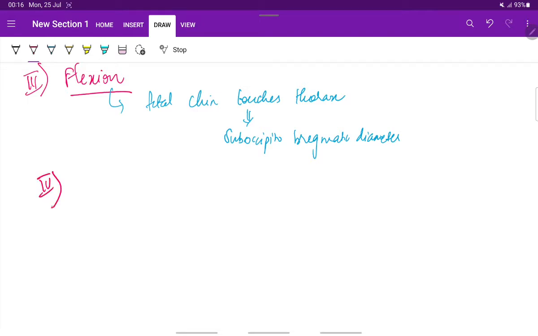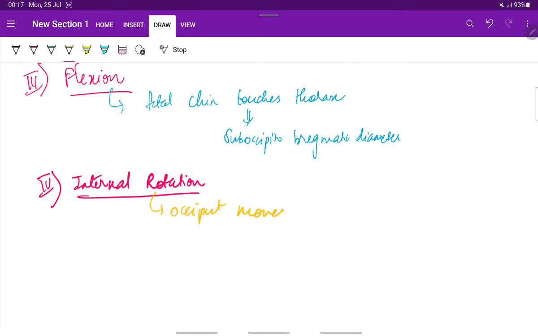The fourth would be internal rotation. In the internal rotation, the occiput moves towards the pubic symphysis.